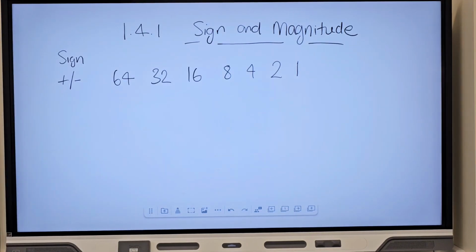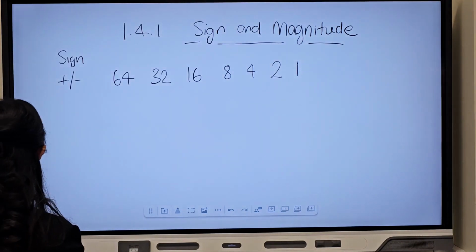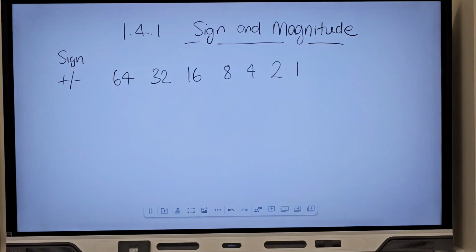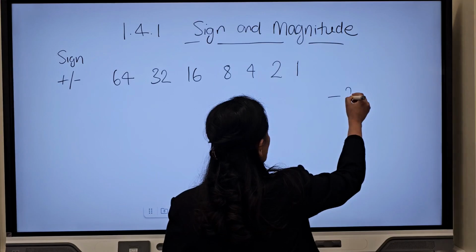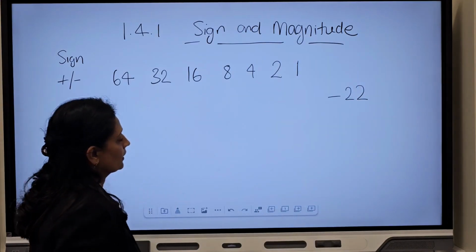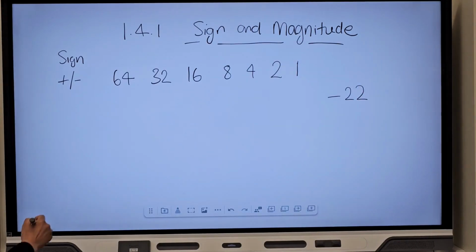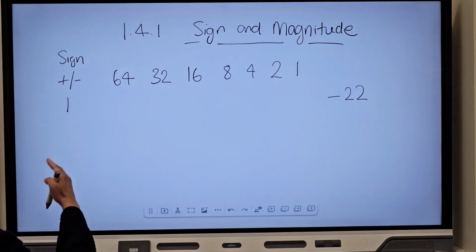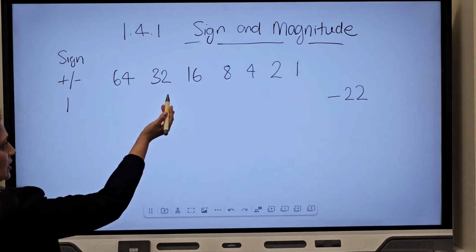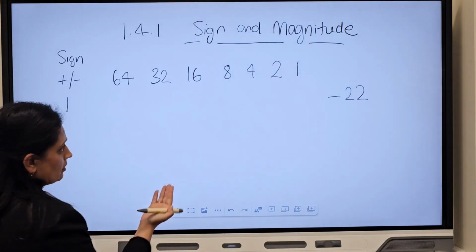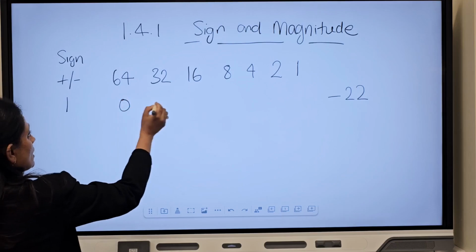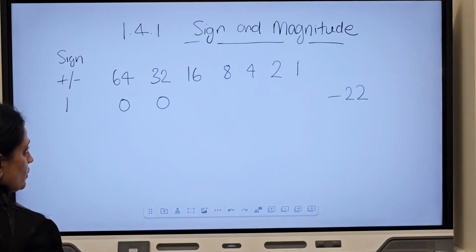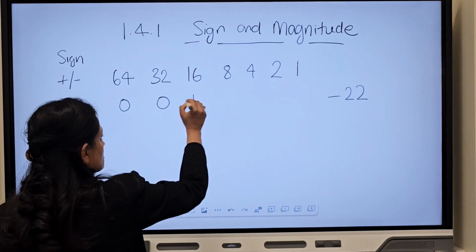Okay, so let's start off. If we were representing, let's say, minus 22, all you need to do is put a 1 beneath the sign, and 22 is then represented just like you would normally with an unsigned number. 64 doesn't go into 22, 32 doesn't go into 22, but 16 does.